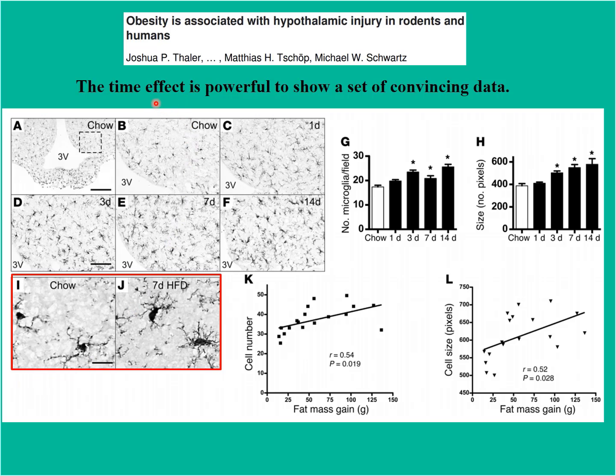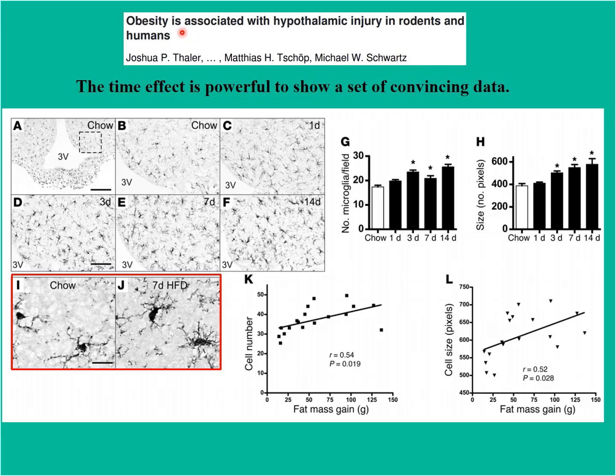Now, when you design an experiment to show the time effects, that is very powerful because it does provide very solid data and very convincing data. For example, this paper is published by this group of people, Joshua et al., in Journal of Clinical Investigation.